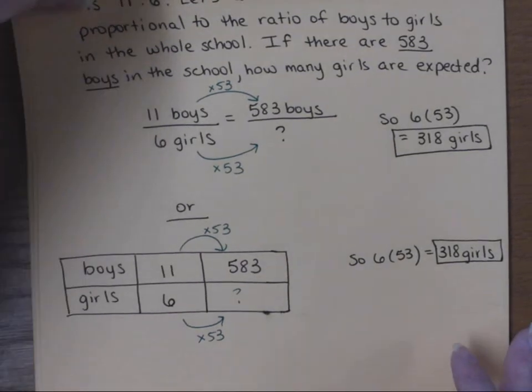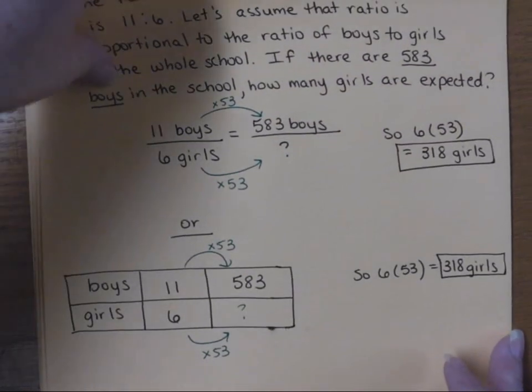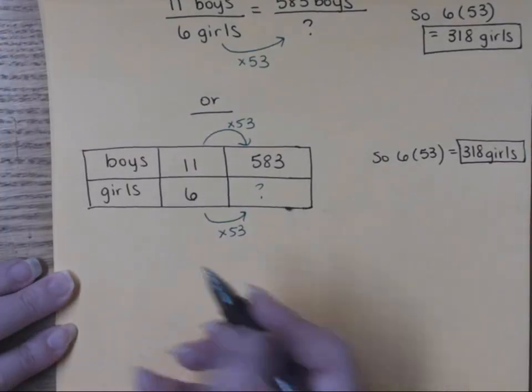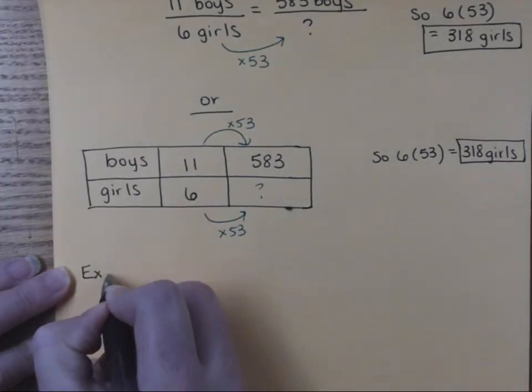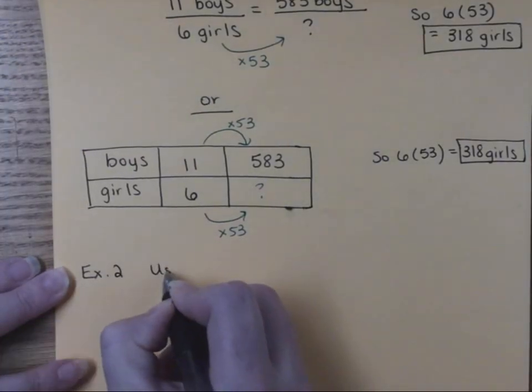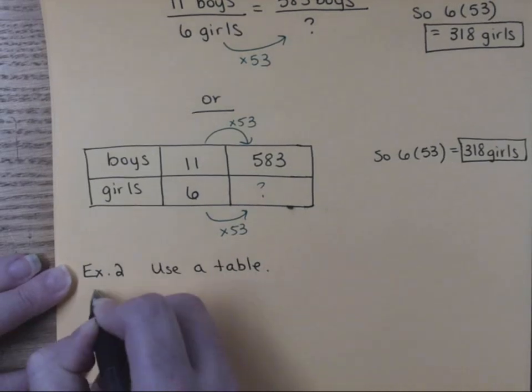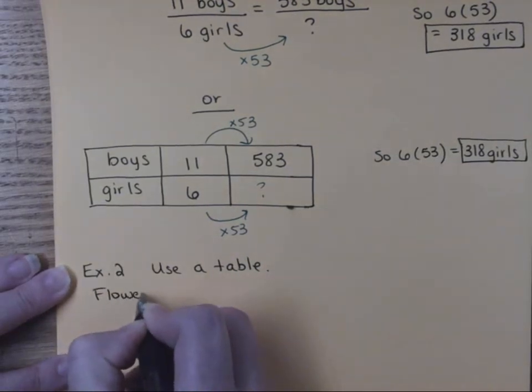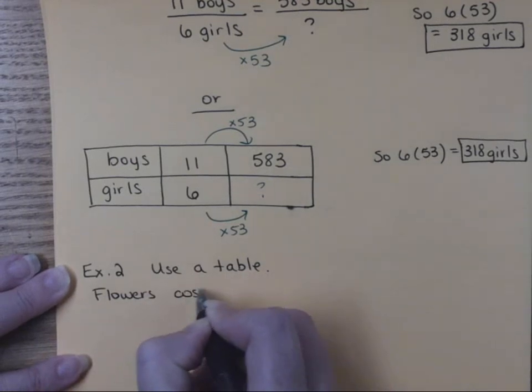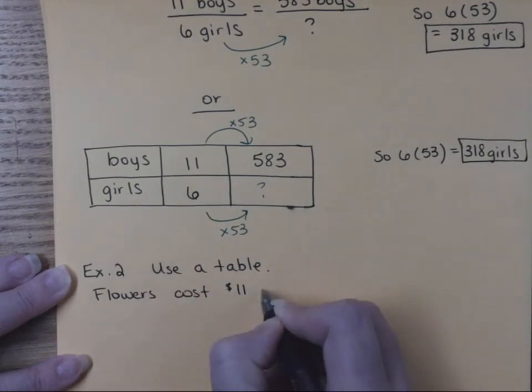Okay, so let's look at another example. This time I just want you to use a table for the following. Let's say that I tell you that flowers cost $11 per dozen.